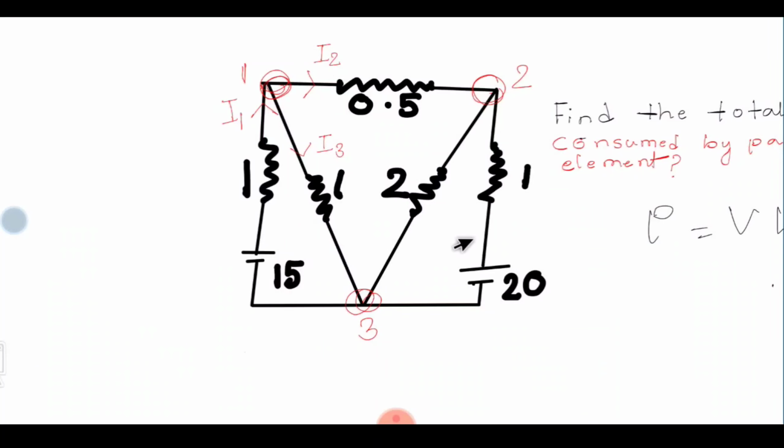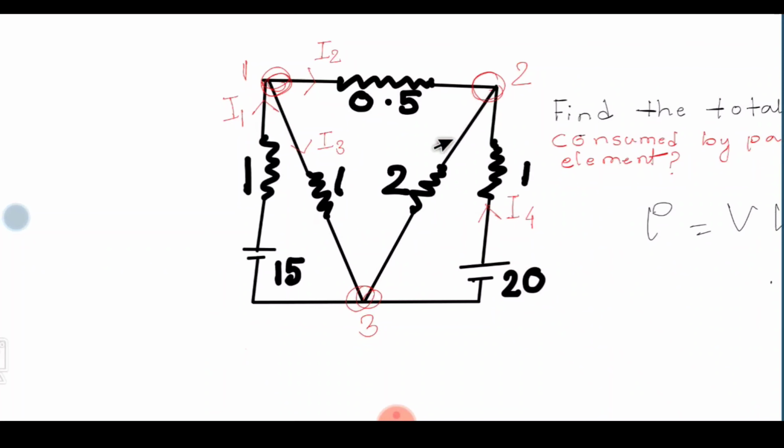This is a voltage source, so we will assume that the current is passing this way. In this direction suppose the current is I4, and in this direction we will assume the current is I5. Now we have distributed all the currents in every branch.